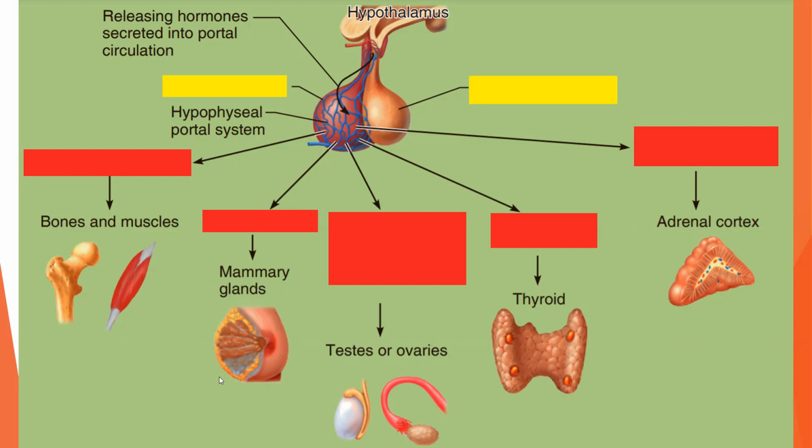Can somebody in the class identify which one among this image is going to be your anterior pituitary gland or your posterior pituitary gland? So which of the two in the image on your screen is your anterior and your posterior pituitary gland?